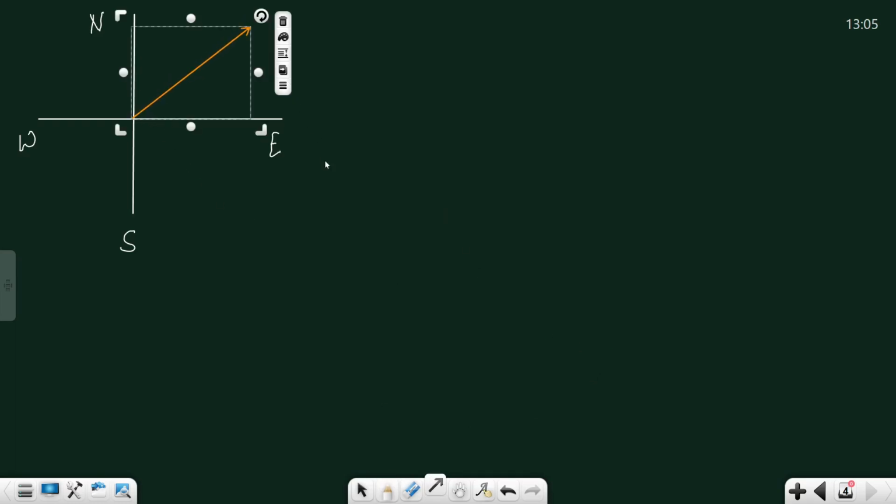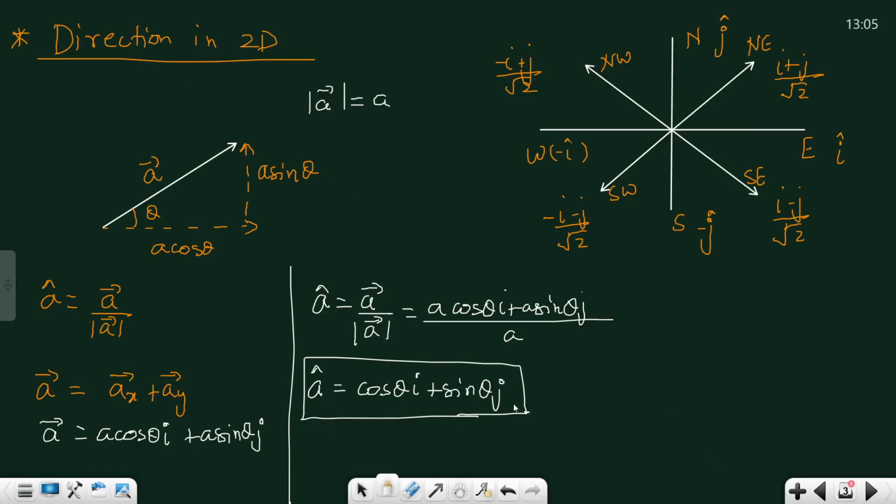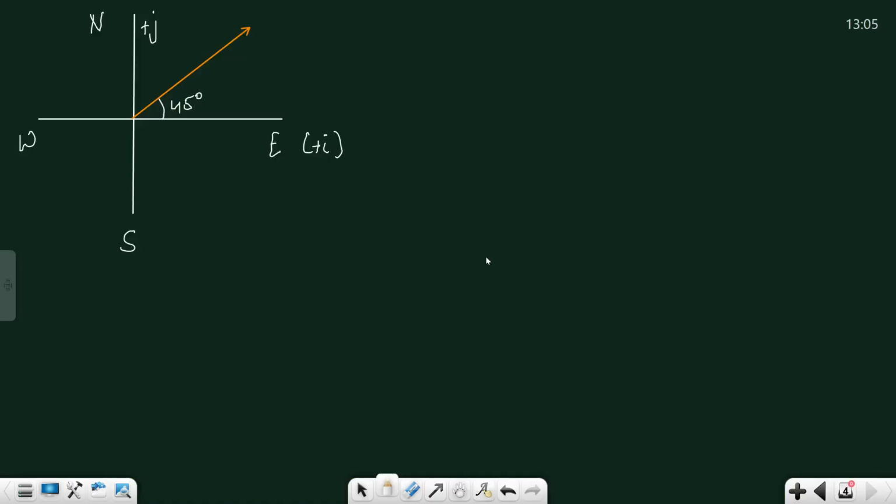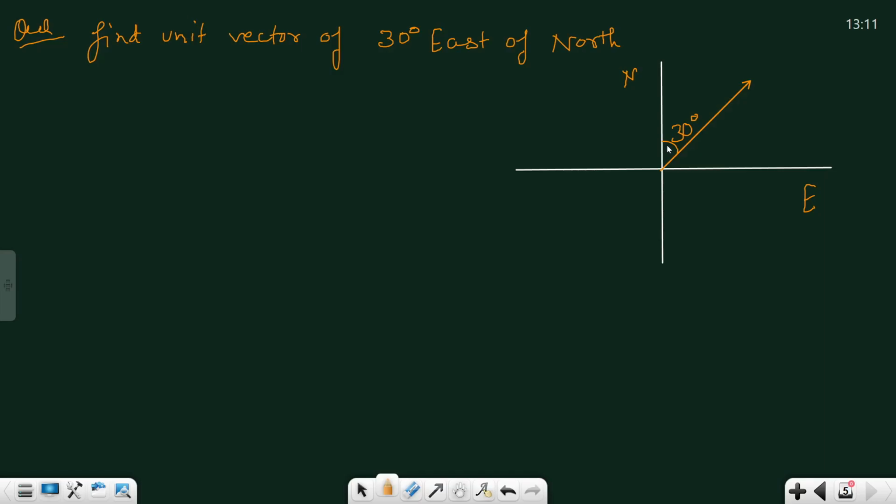Now northeast is equally inclined from east and north, so that will be 45 degrees inclined. This is plus i, this is plus j. Just apply this formula and find the vector. Let's see what comes.